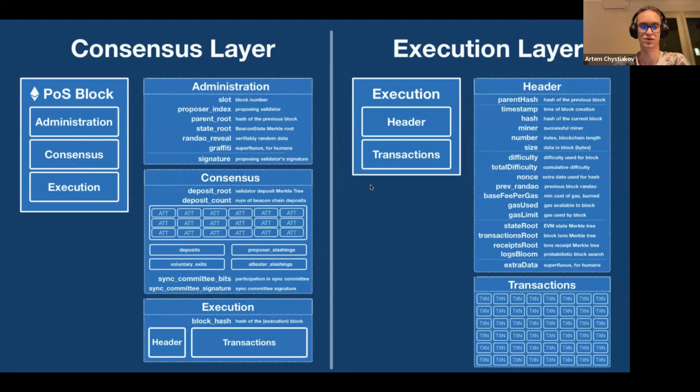But if validators do something bad or behave in a way Ethereum doesn't like, they get slashed.